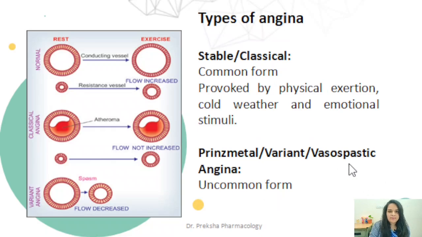Now coming to the types of angina. Stable or classical angina is a common form of angina, and this is usually provoked by physical exertion, cold weather, or emotional stimuli.